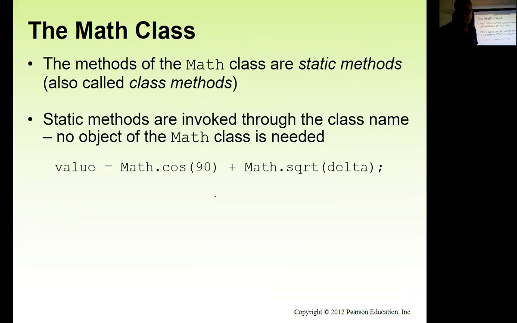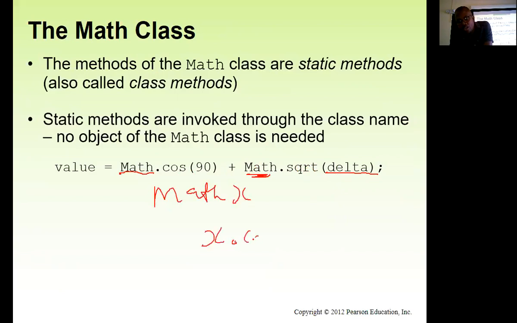Here's an example where we can say, for example, Math.cos, sorry. Notice we didn't create an instance here. We just use the name of the class, Math, dot cos, and pass in 90, and we add that to Math.sqrt with some variable, delta. Notice we didn't create any instance of Math by saying anything like Math x, and then x.cos. That's not necessary.